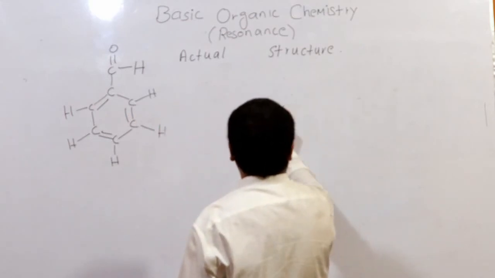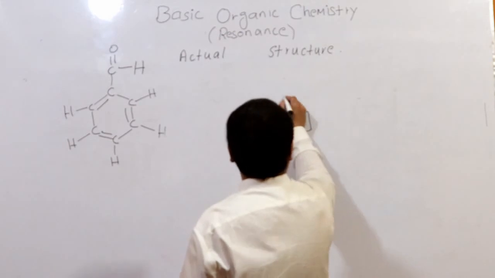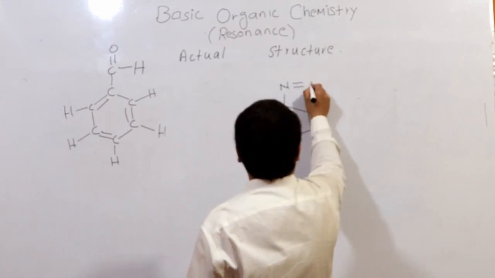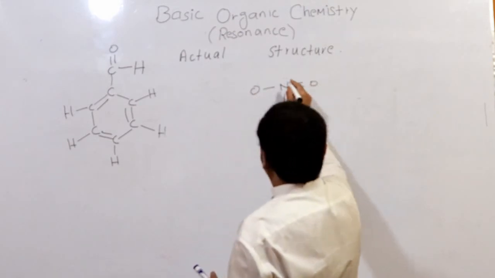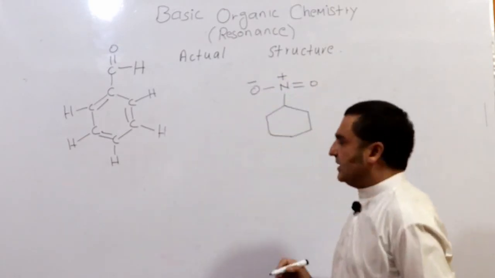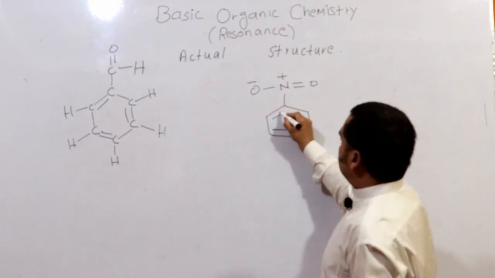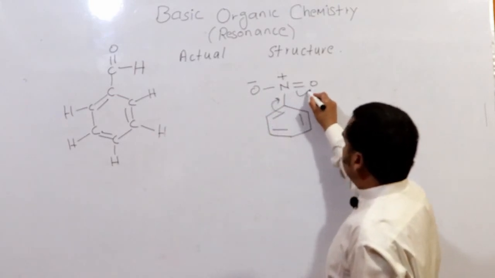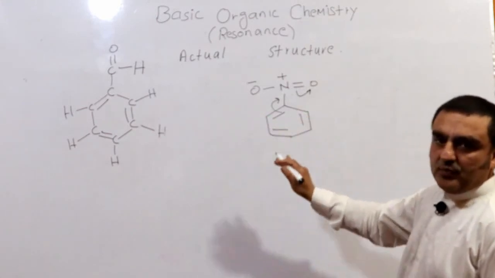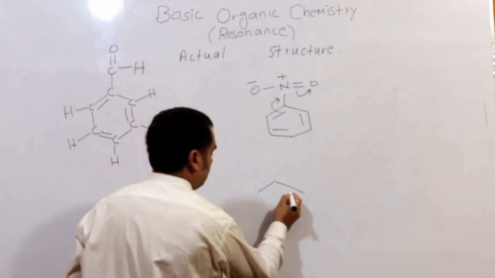Another electron withdrawing group is NO2, with a double bond and O negative. It has made 4 bonds, so it is negative, and this is negative because I am not writing the lone pair right now. As you know, this electron will move and come here, so ultimately positive will be moving on the orthos and the paras. Its structure will look like this.